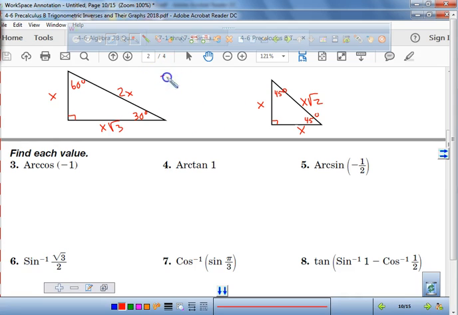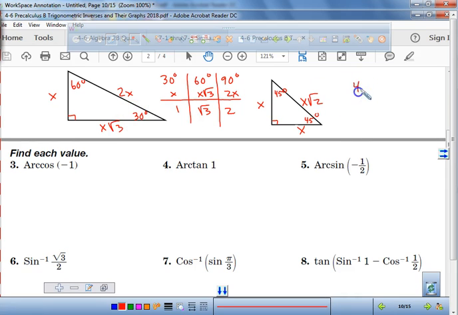We'll make a little table for you. 30, 60, 90. x, x radical 3, 2x, and I'm going to plug in some numbers that you typically will use in a 30, 60, 90, like 1, 1 radical 3, and a 2. You'll notice in some of these problems, it has a radical 3, or it has a 2, or it has the number 1. That means you're dealing with what? A 30, 60, 90 triangle that you're going to be working with, okay?